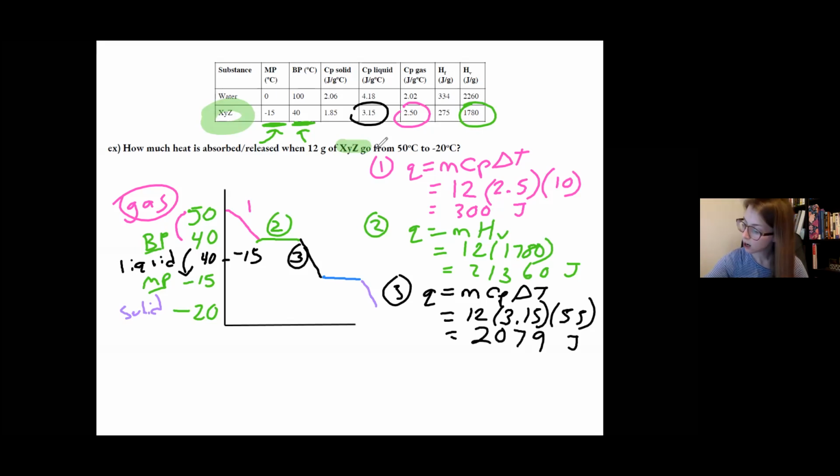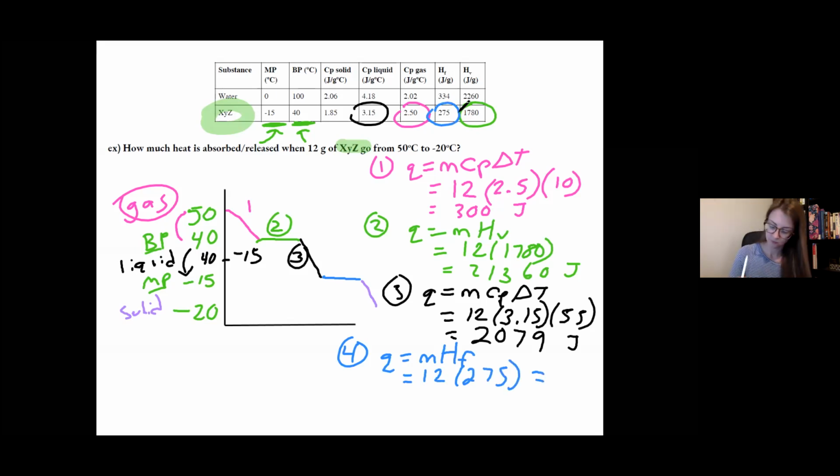2,079 joules. Our fourth step is at the melting point. Therefore, we're either melting or freezing, but a phase change. In this case, we'd be freezing. HF is what we use anytime we're at the melting point. 3,300 joules.